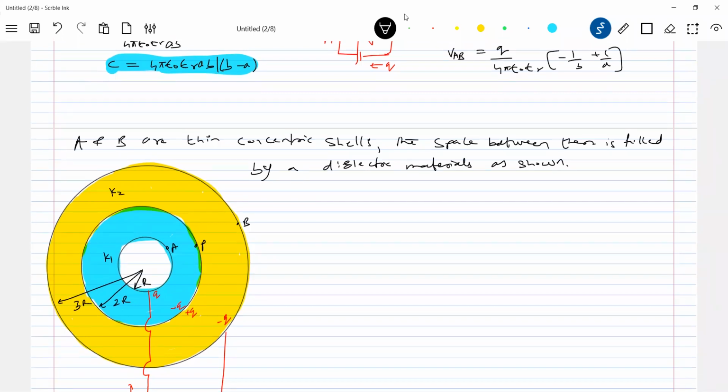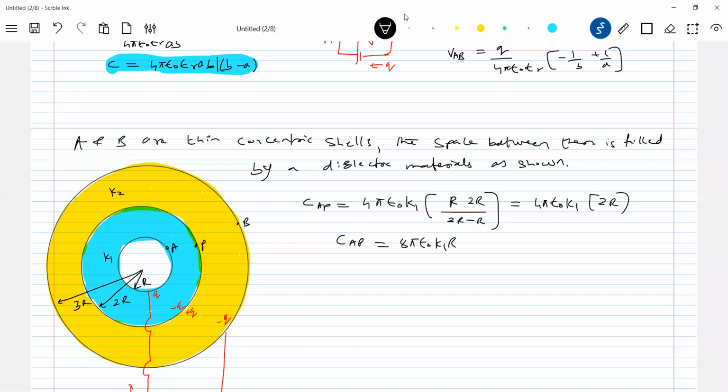So CAP should be equal to 4 pi epsilon naught, the same method, K1, here A is R, 2R by 2R minus R. So 4 pi epsilon naught K1, this will be only 2R. So CAP will be equal to 8 pi epsilon naught K1 R.